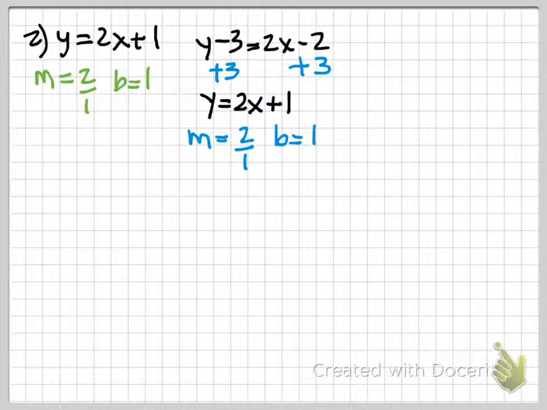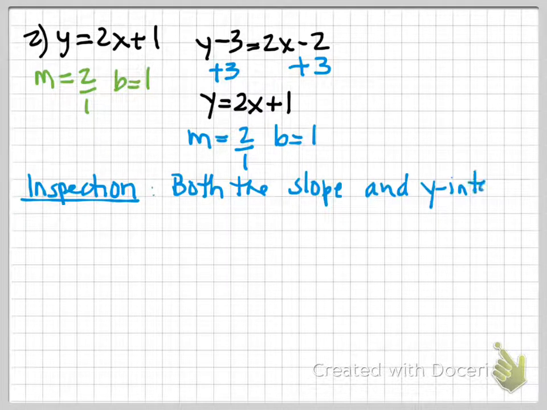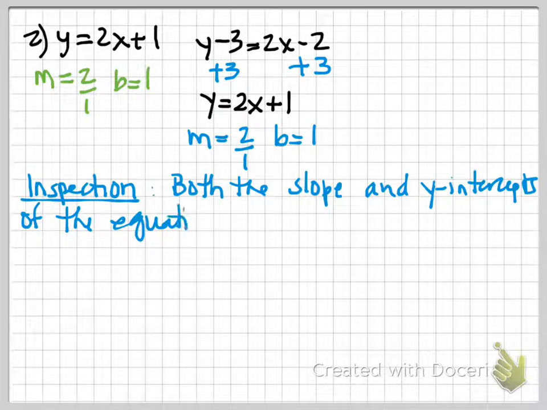Honestly, I don't think you should ever have to graph this, because what should you notice by inspection at this point? So by inspection means you're just observing both the slope and y-intercepts of the equations are the same.